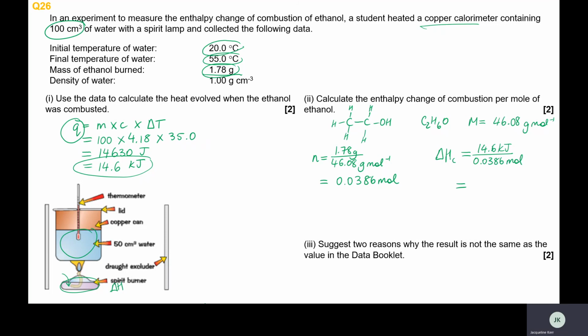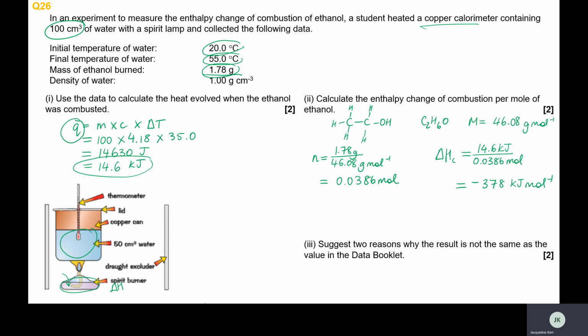So that gives us an answer of minus, it's exothermic, 378 kilojoules per mole. That is the enthalpy change of 1 mole of ethanol here.